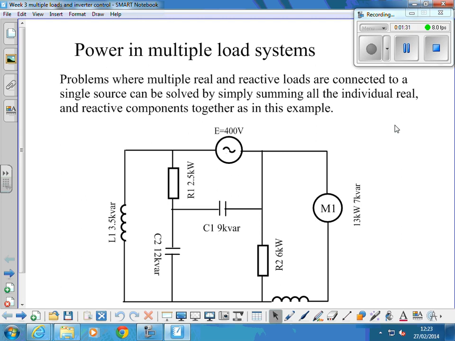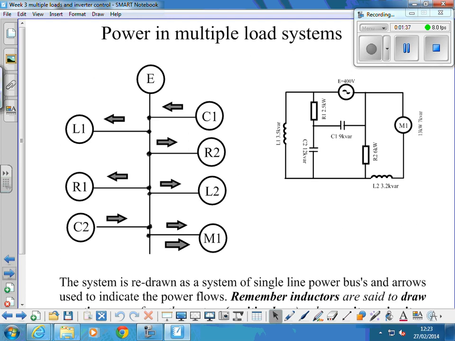Okay, so we're going to go through this example. The way to look at this is to redraw that system with single line power buses. So we don't need to draw the fact that it's got 3 lines. We can draw the source as being a single bus line, so 3-phase line at whatever voltage it is.